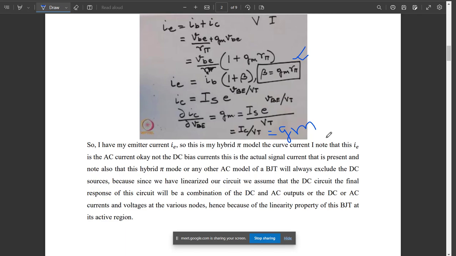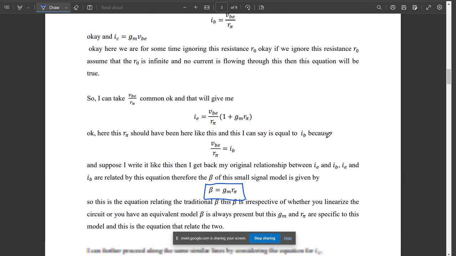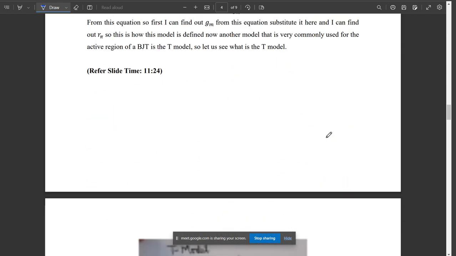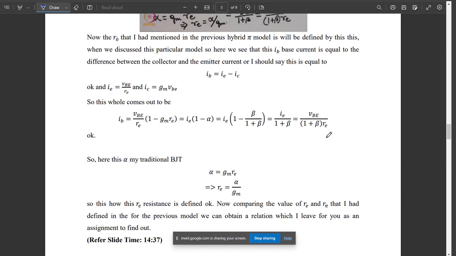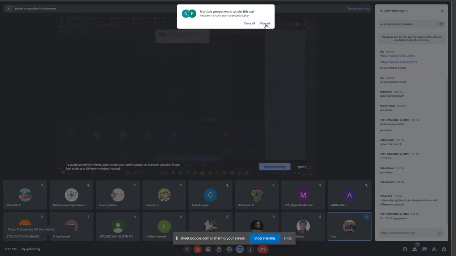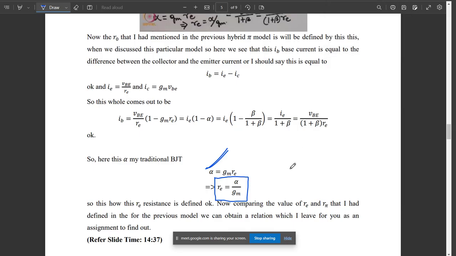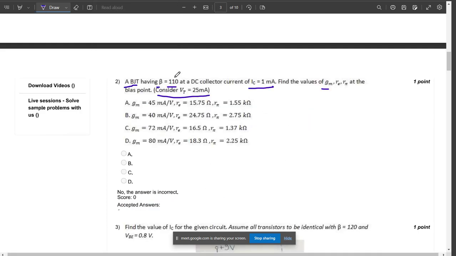So first you can find out gm, then you can find out r pi, right? You also know the value of alpha, then you can find out the value of re. So here in the question, beta is given to you, IC and VT are given to you.